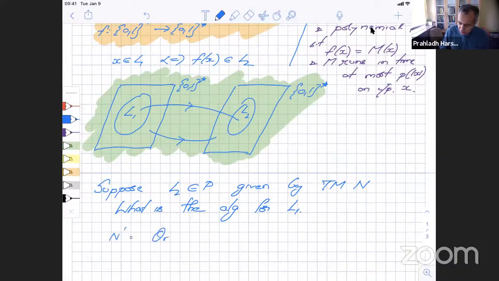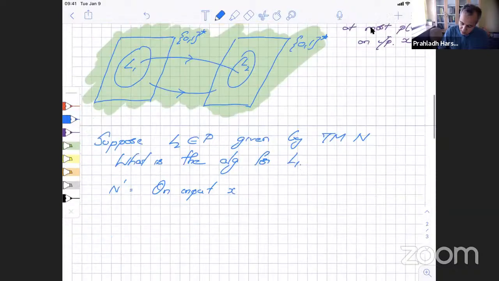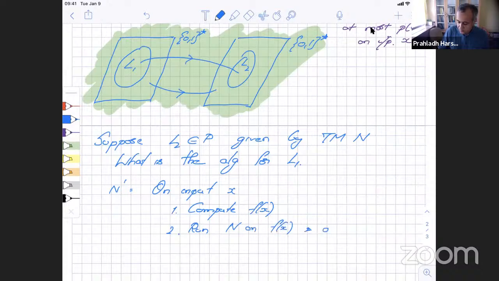On input x, compute f of x, run N on f of x, and output the answer.